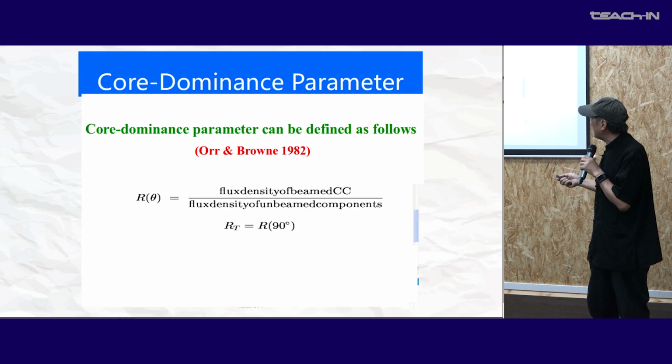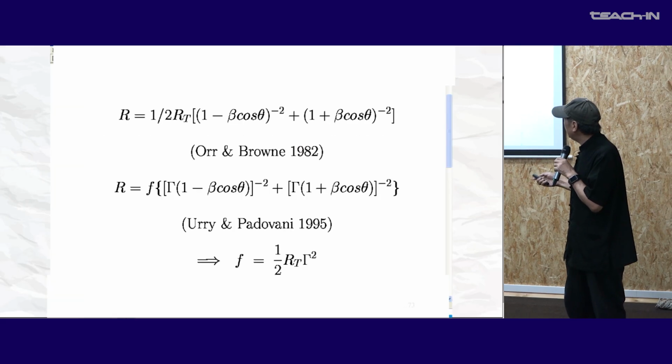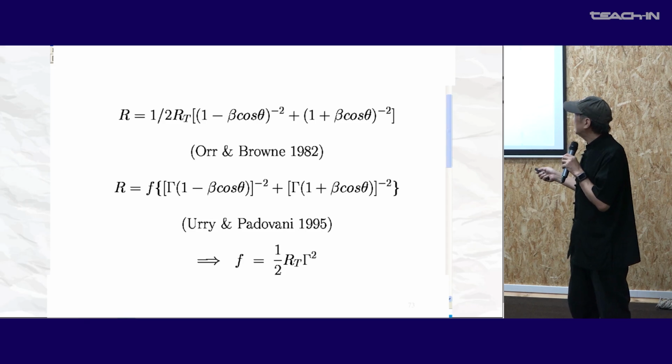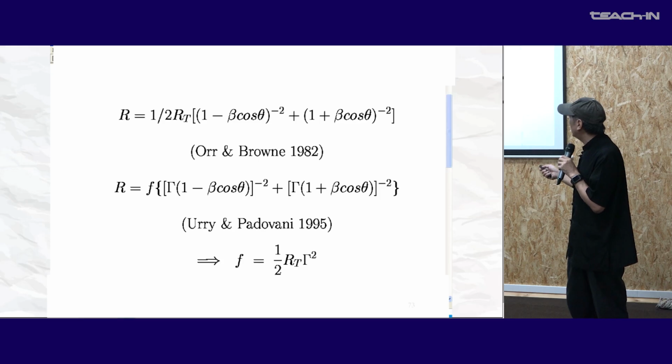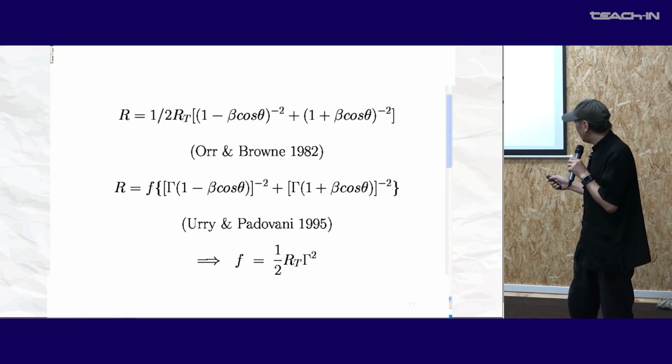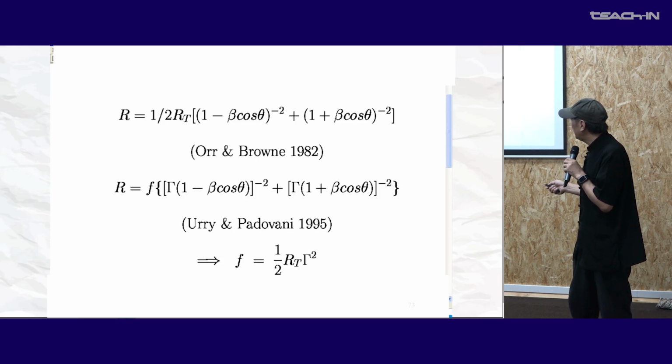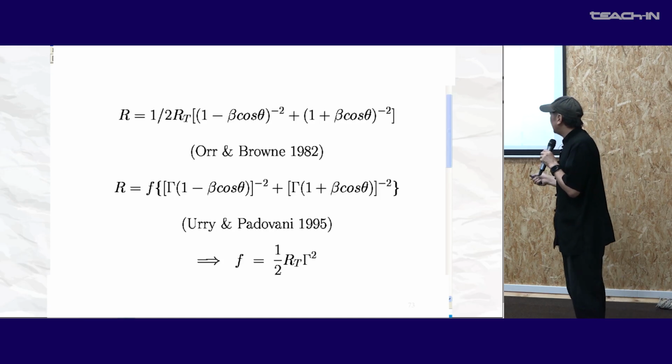The core dominance parameter can be written in this way, with beta, theta, and the distance following the two-component model. So if we want to get F, we should get R and gamma. How to get gamma?